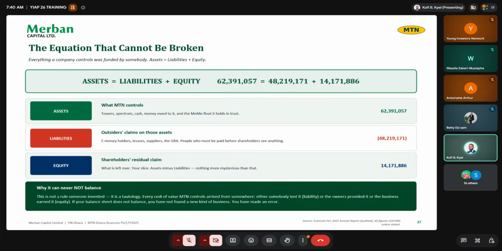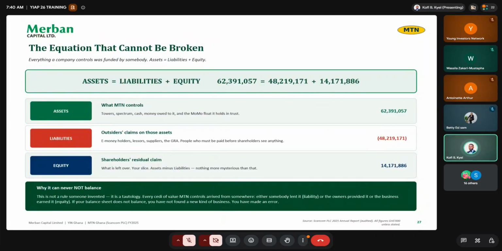So they claim ownership of those assets. Then the lessors, the suppliers, GRA, tax obligations, and so on. People who must be paid before shareholders see anything. Those who have contributed to the assets of the business. So all the people that you owe.